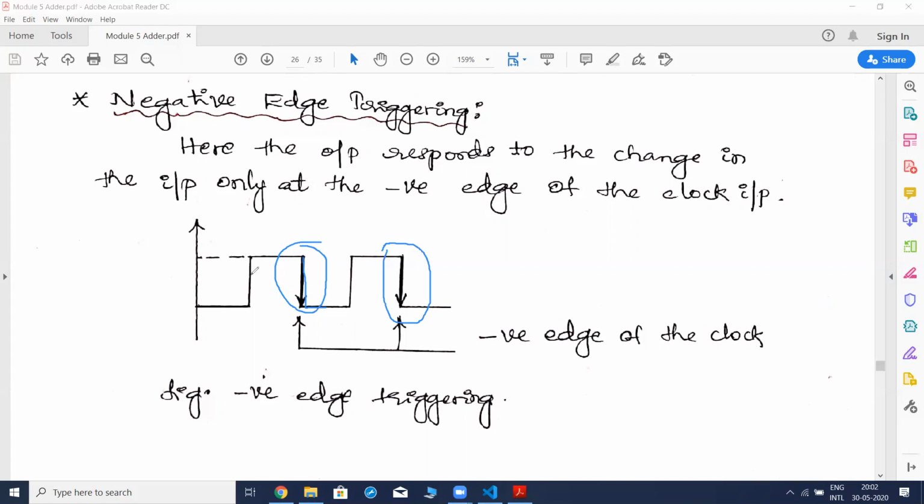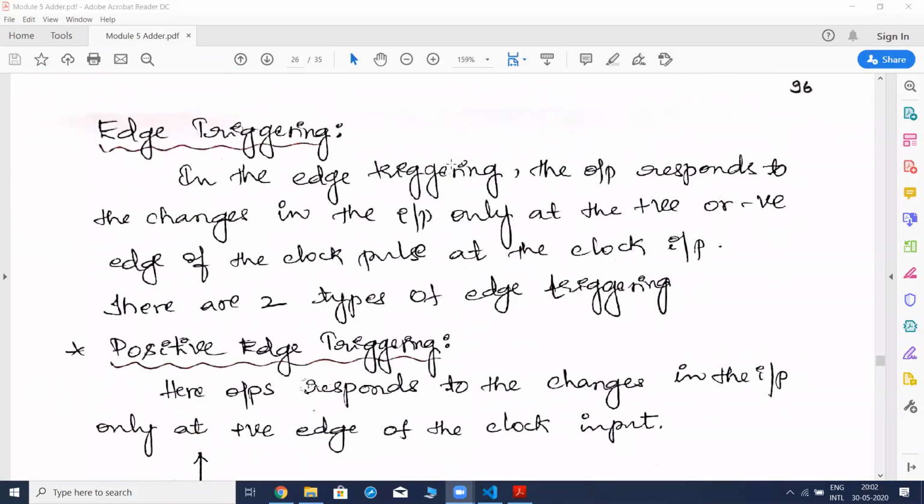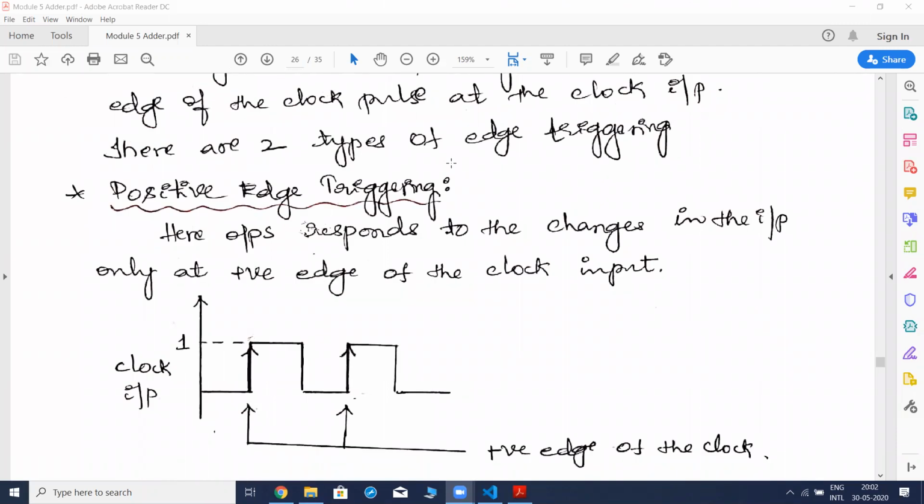So they may be negative edge triggered flip-flops or positive edge triggered flip-flops. Flip-flops are edge triggered devices, but latches are level triggered devices. This is the main difference between the latches and the flip-flop.